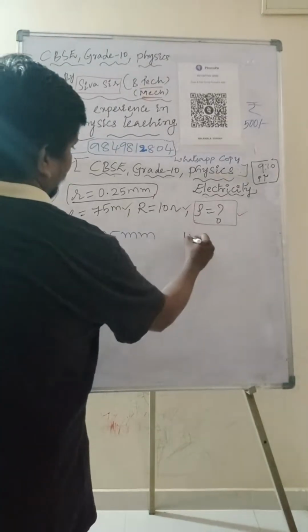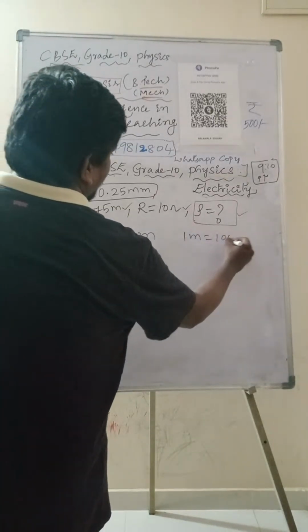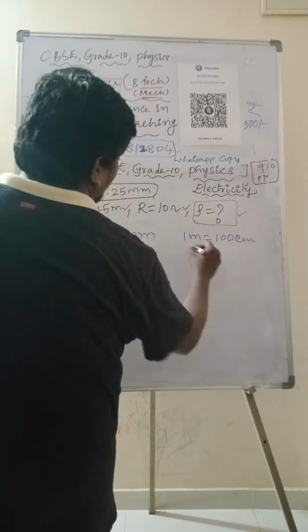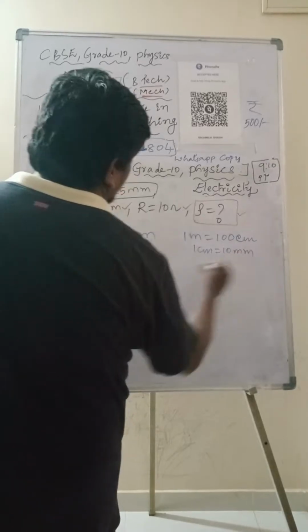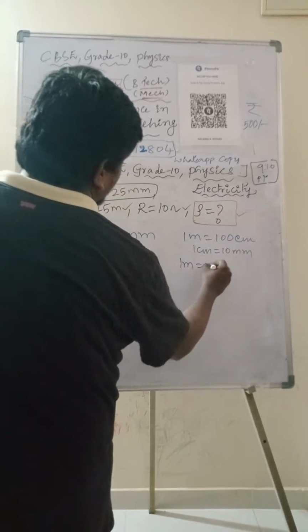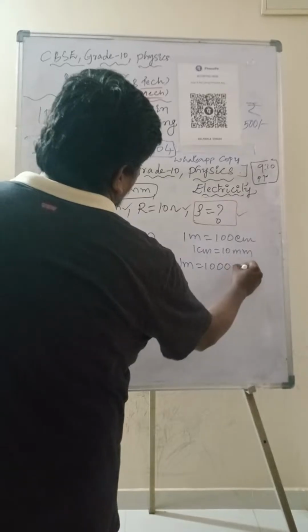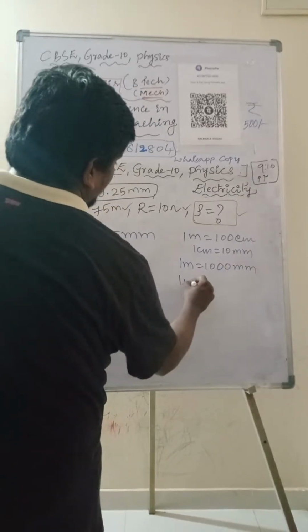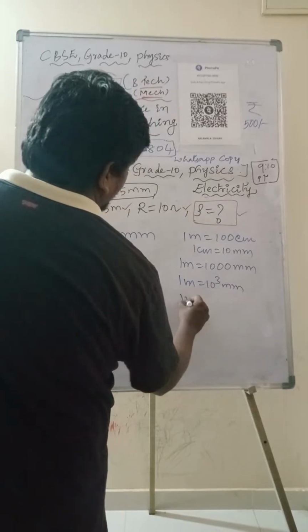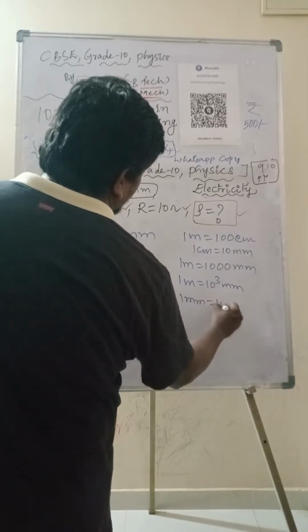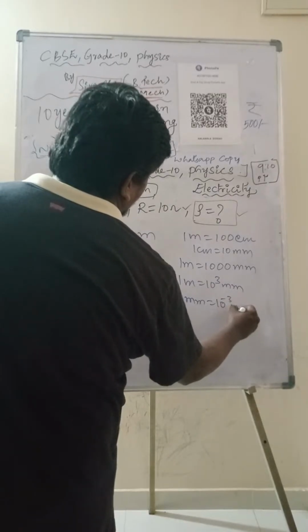Normally 1 meter equal to 100 centimeter, 1 centimeter equal to 10 mm. So 1 meter equal to 1000 mm, that is 10 power 3 mm. So 1 mm equal to 10 power minus 3 meter.